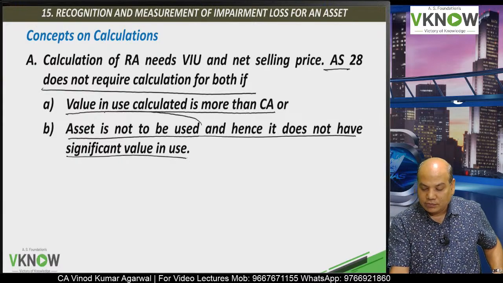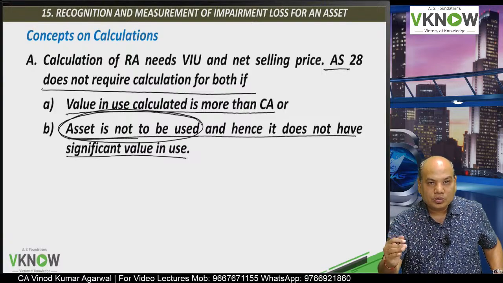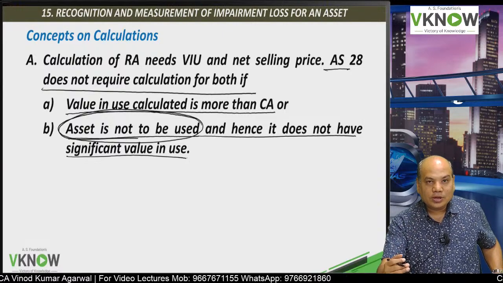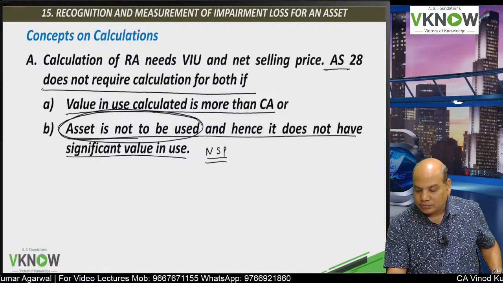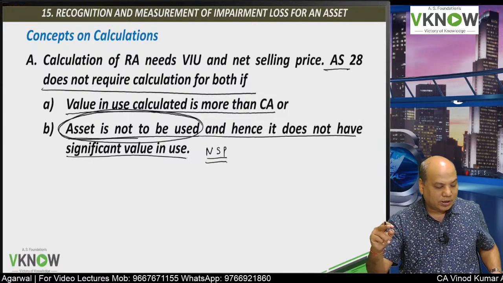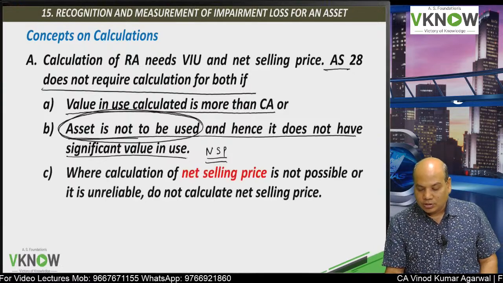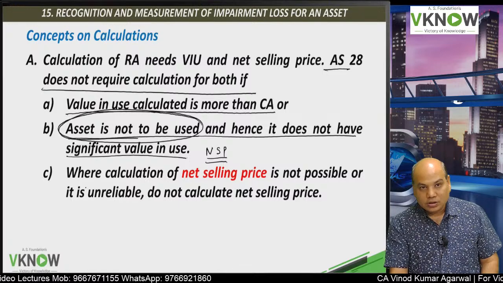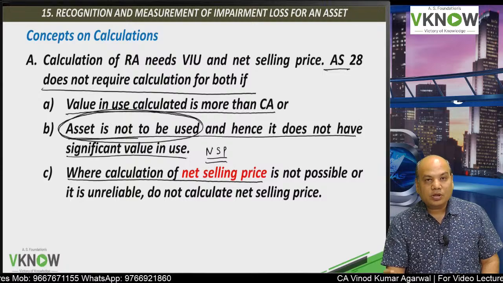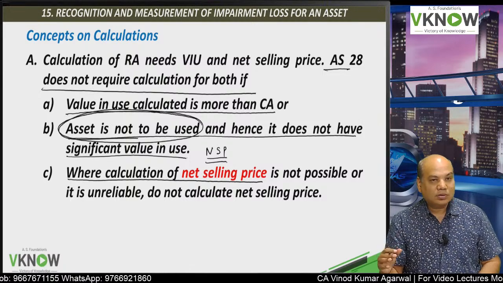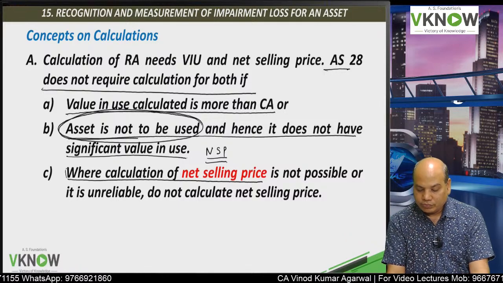For those assets which are not required to be used now, then it does not have value in use. Then I need to only calculate net selling price. So for the asset which has been retired from use, I will compute only net selling price. And third is where calculation of net selling price is not possible. The asset may be of such nature that you are not able to find its net selling price.